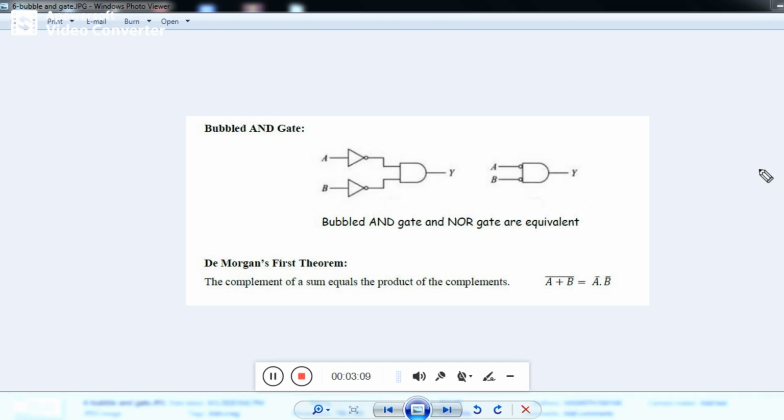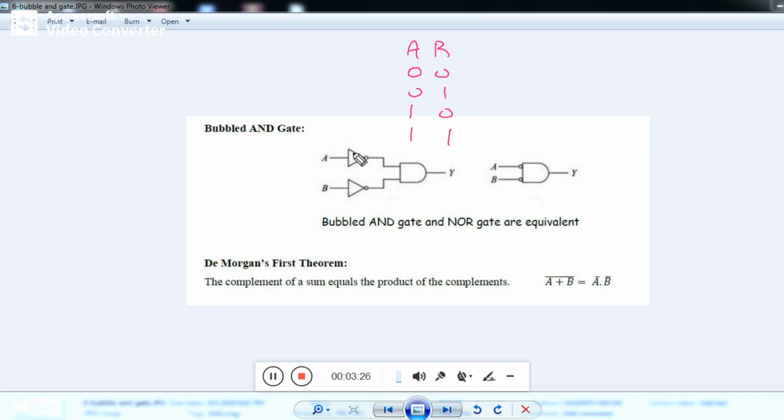We have here two inputs A and B. What is the combination of A and B? A and B are 0 0, 0 1, 1 0 and 1 1.